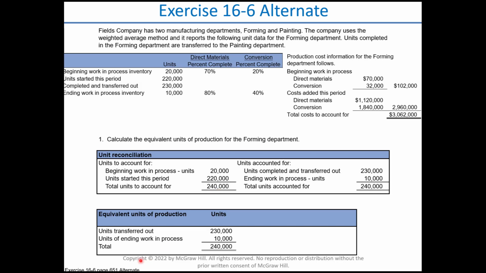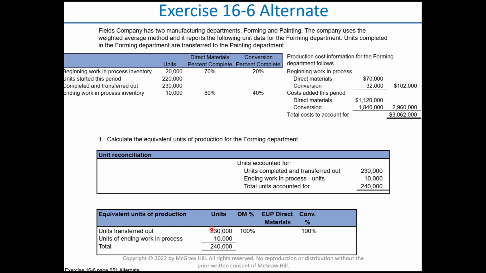Now we're looking at the equivalent units of production. Again, anything that's transferred out is going to have 100% conversion and direct materials because they are fully completed and transferred out. Now we're looking at the ending units. It says direct materials are 80% and conversion are 40% complete.